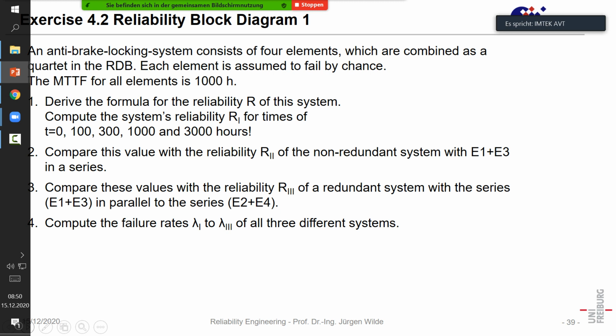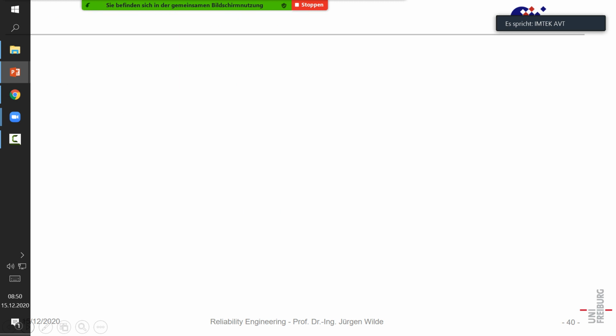Then compare these values with the reliability of a redundant system with the series E1 plus E3 in parallel to the series E2 plus E4. Compute the failure rates, lambda 1 to lambda 3 of all different systems. Okay, let's proceed.